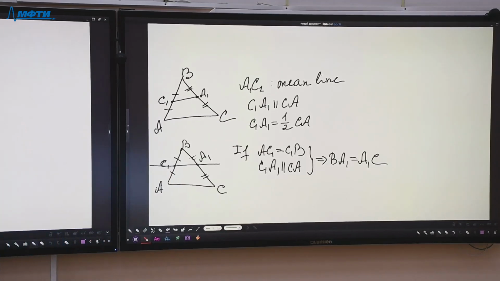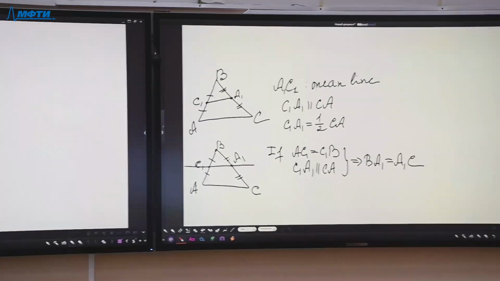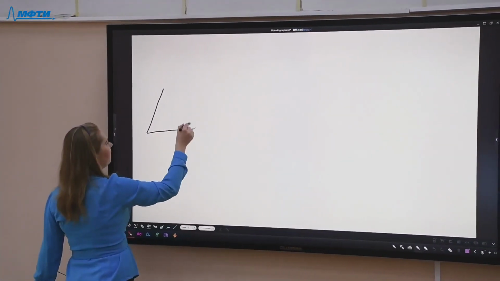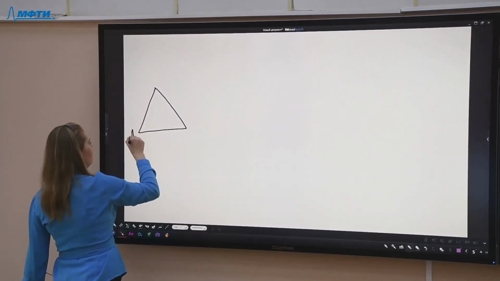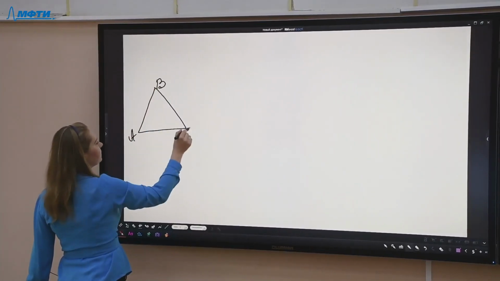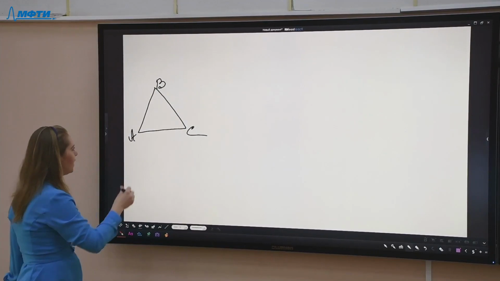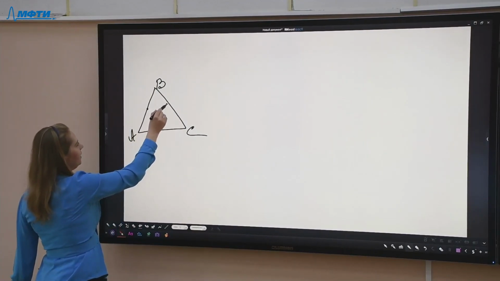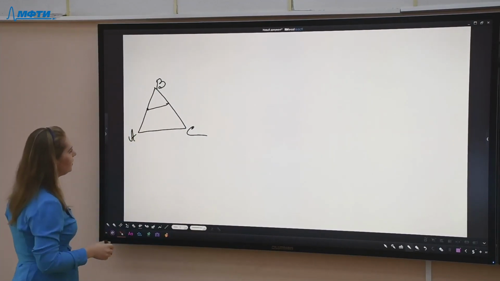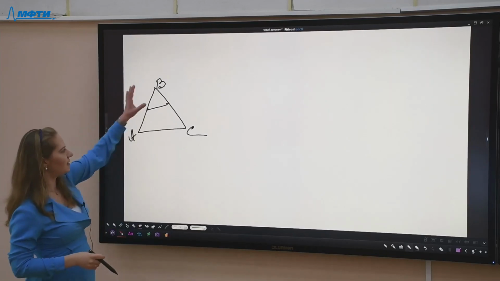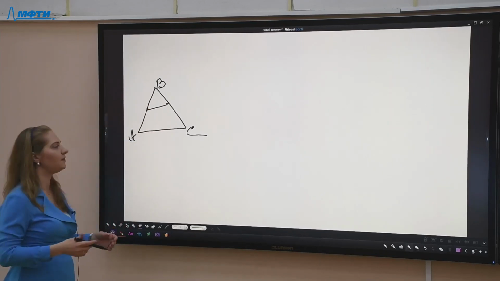More than that, if we have not a midpoint, but another situation, if we have a triangle ABC, and we take a point here and a point here, and it occurs that these two line segments are proportional.